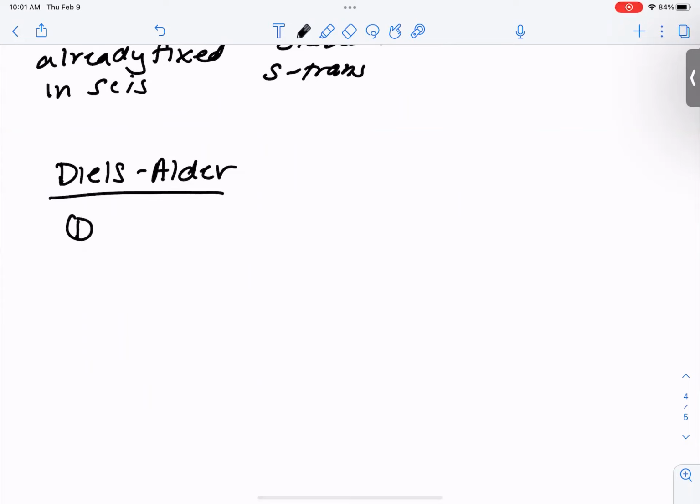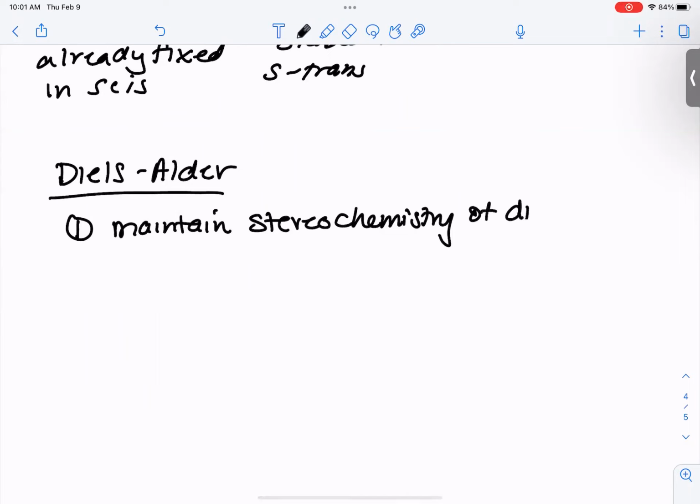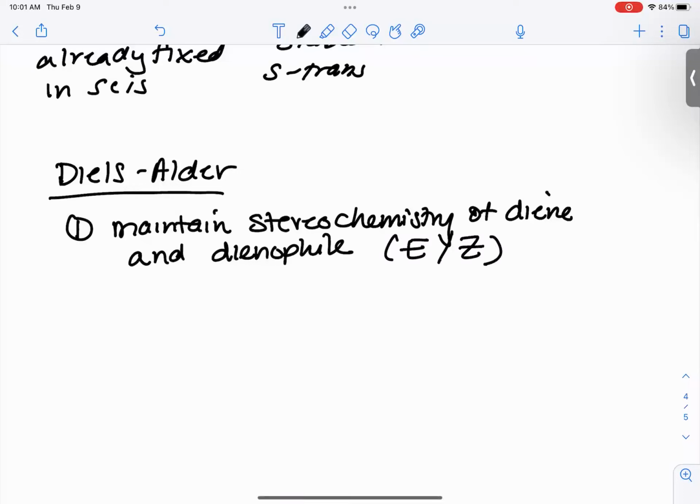The first thing that you need to look at is you need to maintain the stereochemistry of the diene and the dienophile, meaning you have to maintain that E and Z. You need to be in the s-cis conformation for the diene.